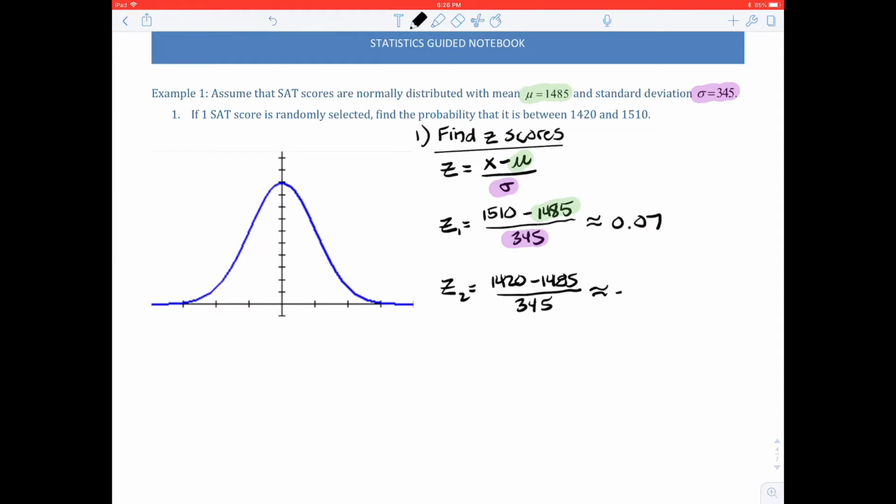And that one was approximately negative 0.19, or negative 19 hundredths. Again, I got these two from the beginning conditions.